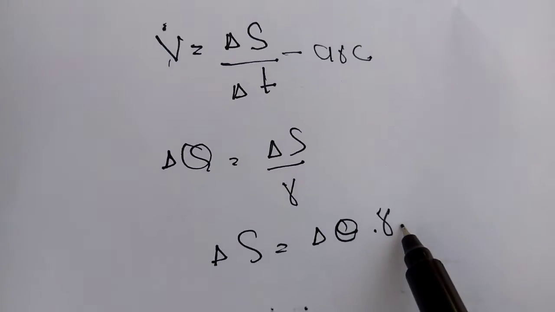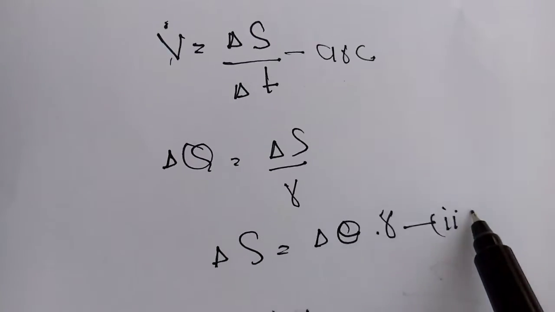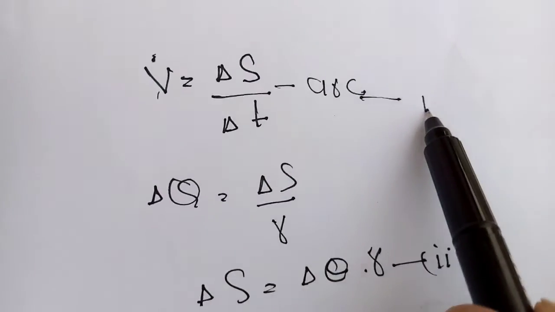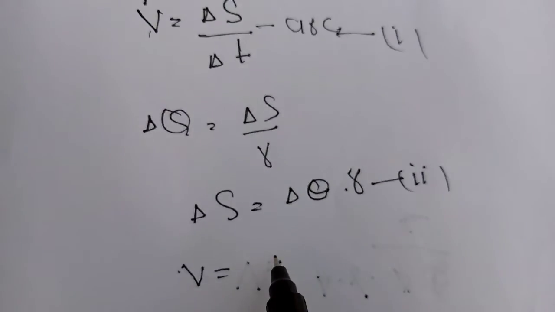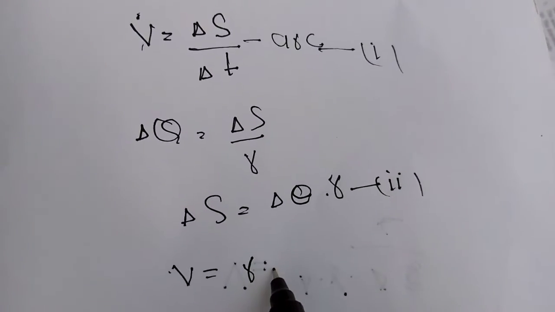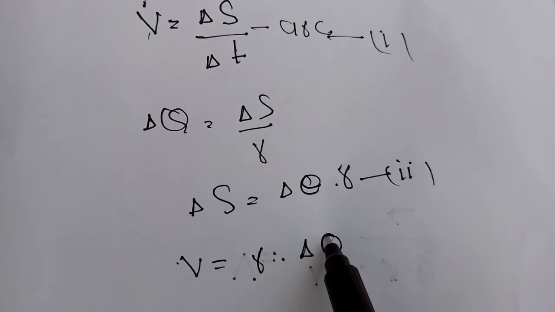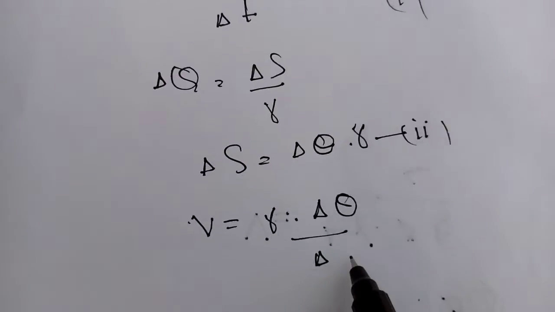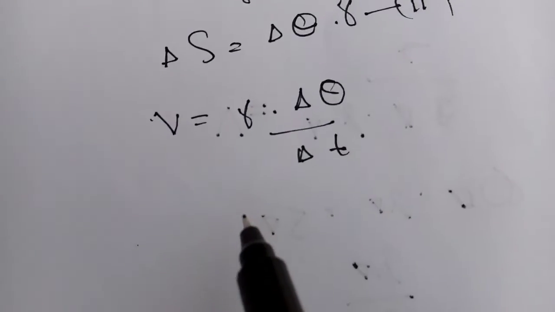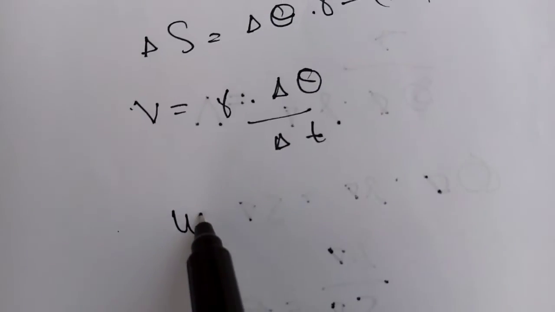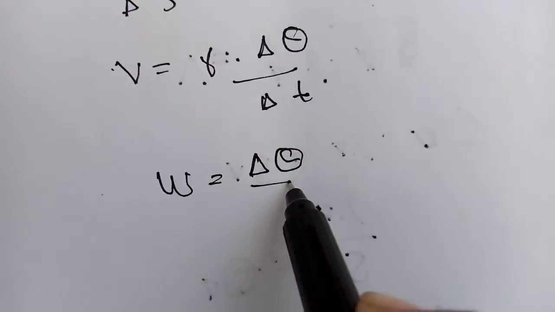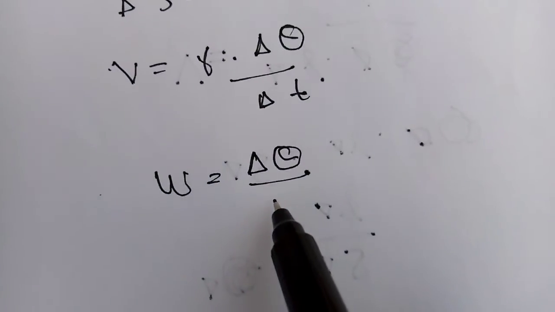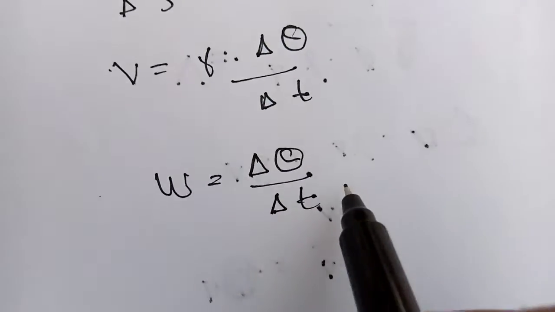Now putting this equation, let's say this is equation number 2, in equation number 1, we get v is equal to r into delta theta upon delta t. So we know that angular velocity is equal to angular displacement delta theta upon time delta t.